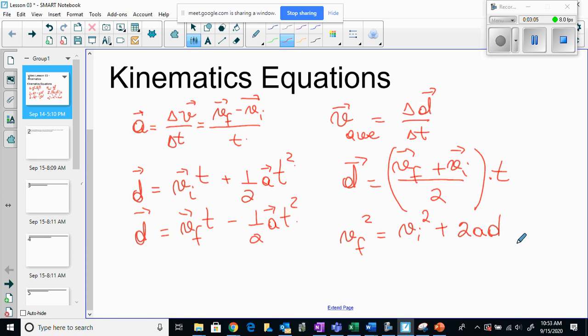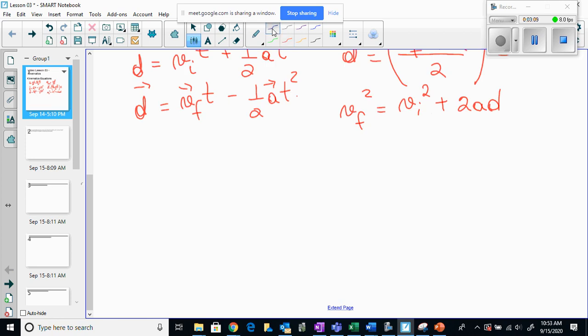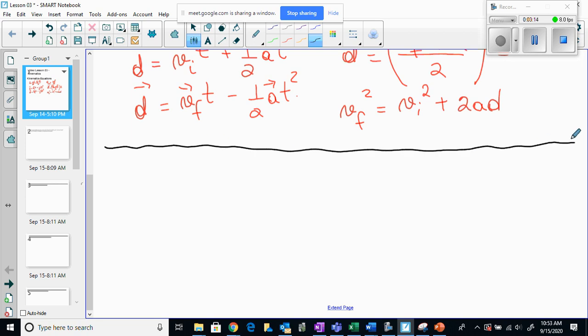And the way that we approach any question that is asking us to use kinematics equations is we sort what is given, what they are asking for, and then we take a look at one of those formulas and see what is the formula that relates all the givens and what they're asking for.